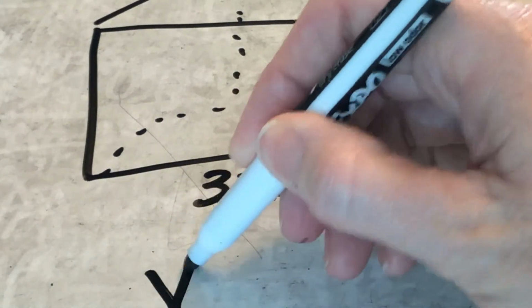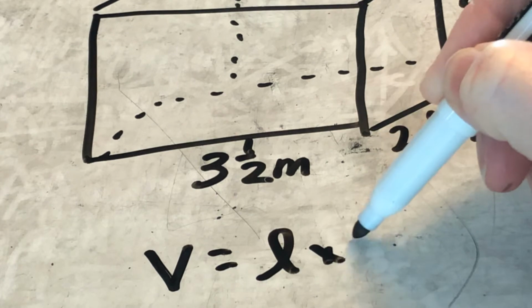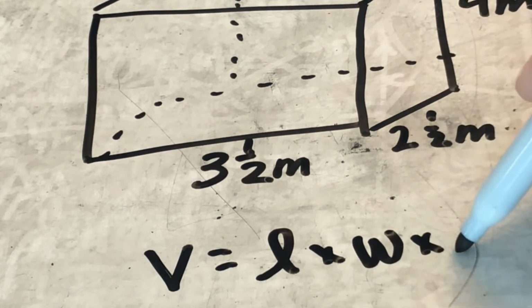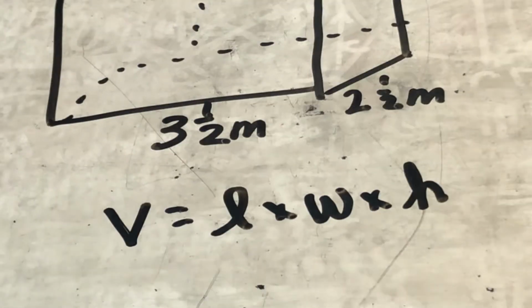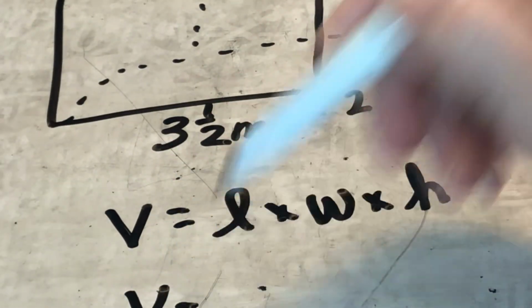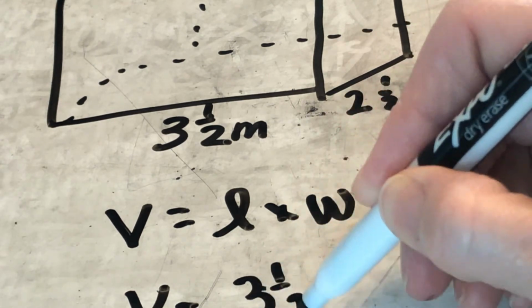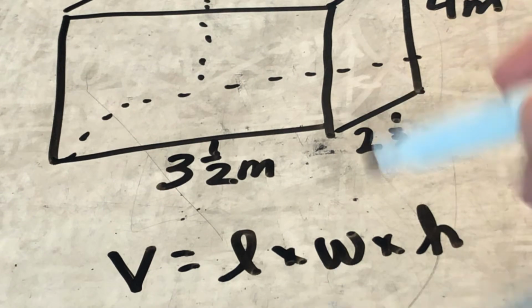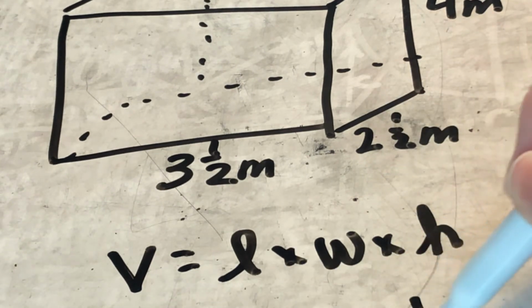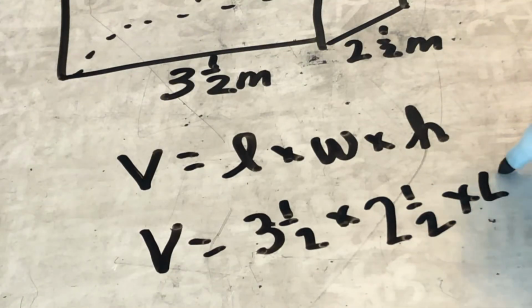So the first thing I'm going to do is write V equals length times width times height. Then all I need to do is plug in my numbers. V equals my length, 3.5, times my width, 2.5, times the height, 4.